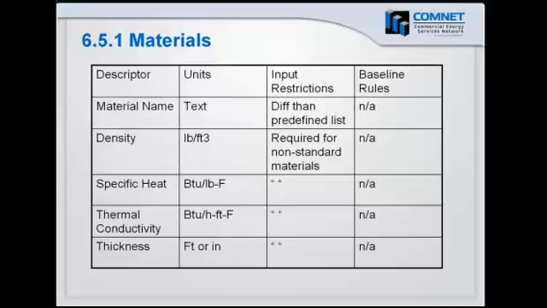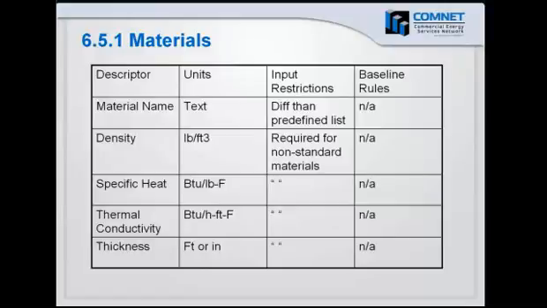So the first subsection is materials, and the way I presented this information, I tried to simplify and put in table format a lot of the material that is in the COMNET. So this information here is derived directly from COMNET.